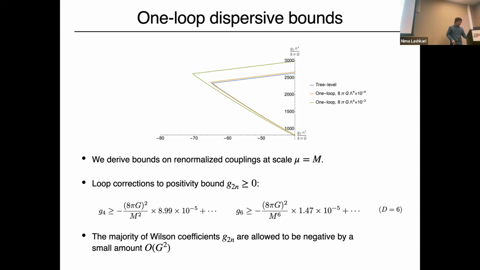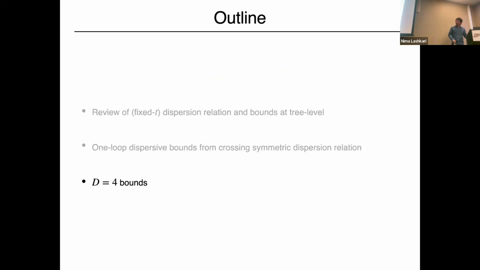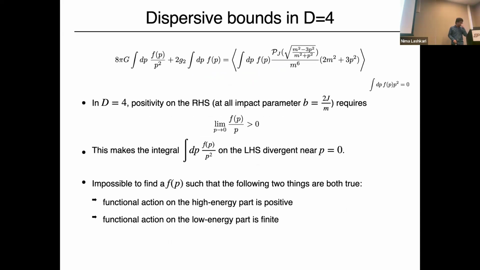Okay. So finally, I want to discuss what happens at 4D. Let me maybe try to be quick. So again, recall that the idea is that you want to apply this functional such that at high energy side is positive.